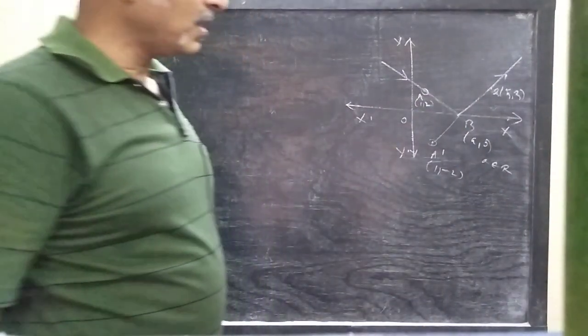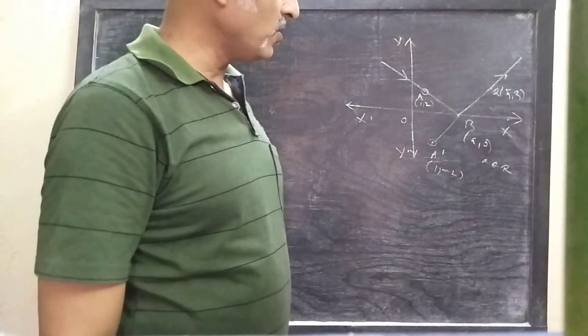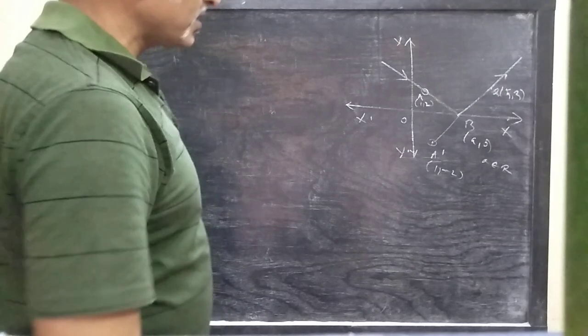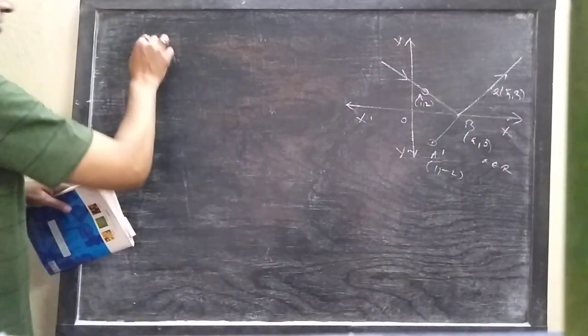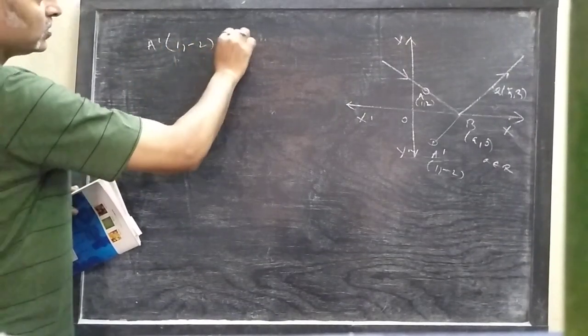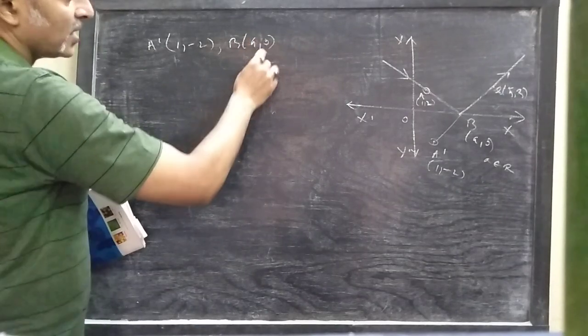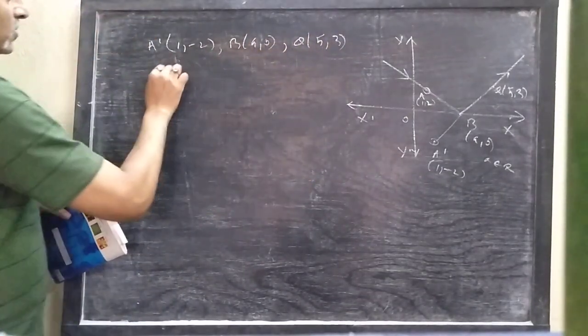And the reflected ray passes through the point Q(5, 3). Now, by the principle of reflection, you can write A dash, B, Q are collinear. A dash has coordinates 1, minus 2, B has coordinates a, 0, and Q has coordinates 5, 3. They are collinear.